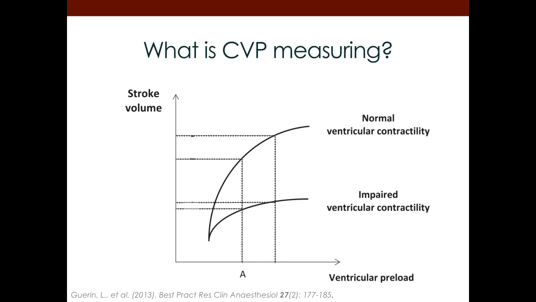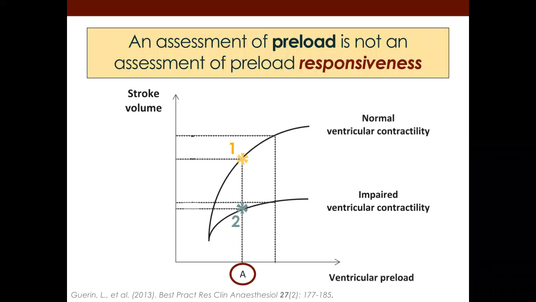CVP gives you a single value for ventricular preload. The problem with that is that a given value of preload can be associated with fluid responsiveness, as in the case of patient 1, or fluid non-responsiveness, as in the case of patient 2, because fundamentally an assessment of preload is not the same as an assessment of preload responsiveness.